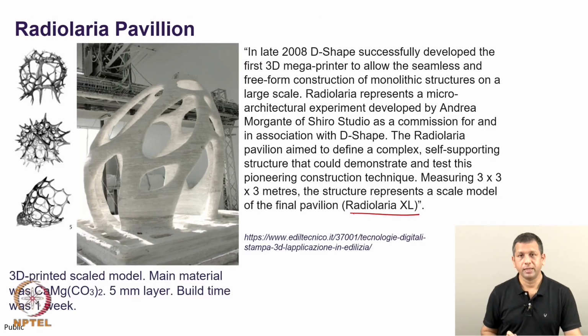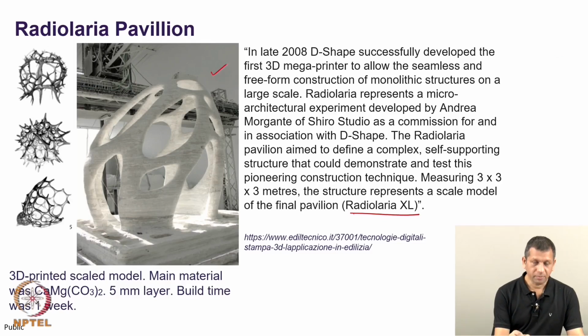Radiolaria Pavilion is an example that demonstrates how D-shape printer can be used for creating large structures in construction domain. In the picture is shown a 3D printed scaled model of real final pavilion.